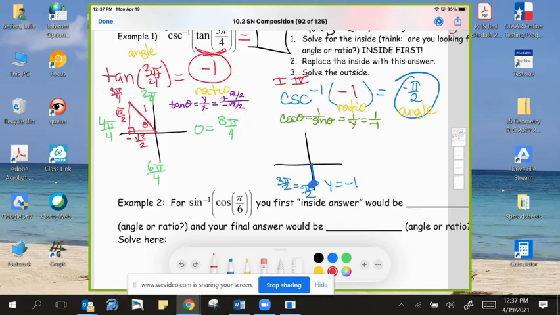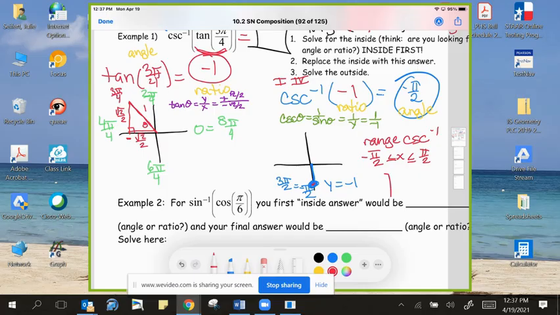Remember the range for cosecant inverse is negative pi over 2 to pi over 2. So we need to call that angle negative pi over 2, not 3 pi over 2. That ties back to what we did last lesson in 10.1. Good?